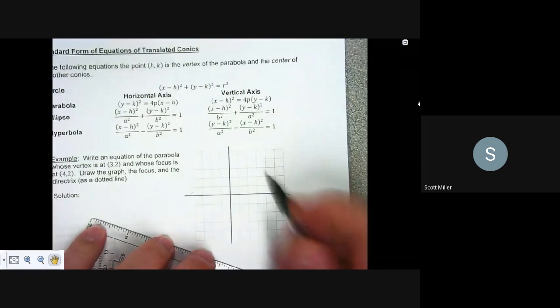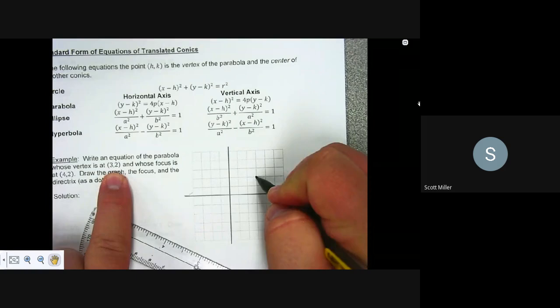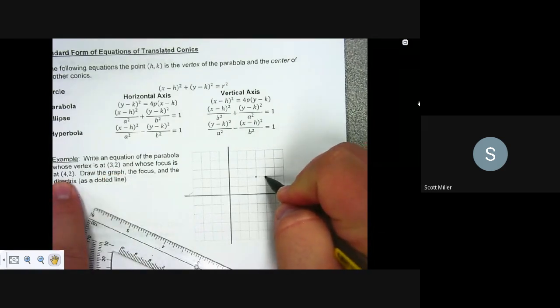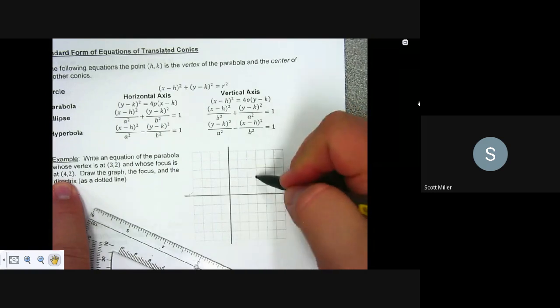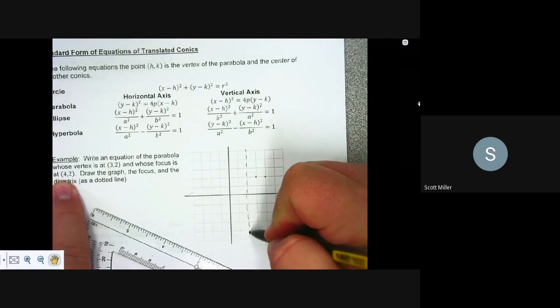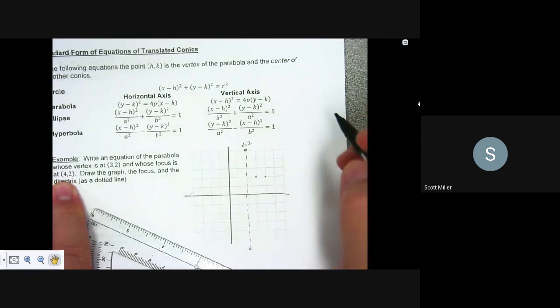So I know I have a vertex at 3, 2. I have a focus at 4, 2. And so since that distance is 1, I know the directrix is 1 unit behind the vertex. So I know that this is the directrix right here, indicating then that the parabola has to open to the right. So this is x equals 2.